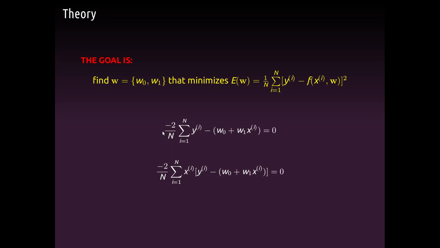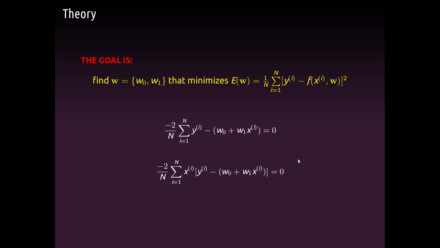So we will put both expressions, minus 2 over n sigma of y super i minus w0 plus w1 x super i equal to 0, as well as the other equation corresponding to w1. And now we have two equations in two variables, so it is doable mathematically.